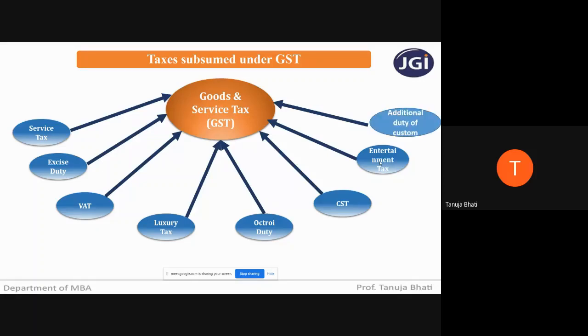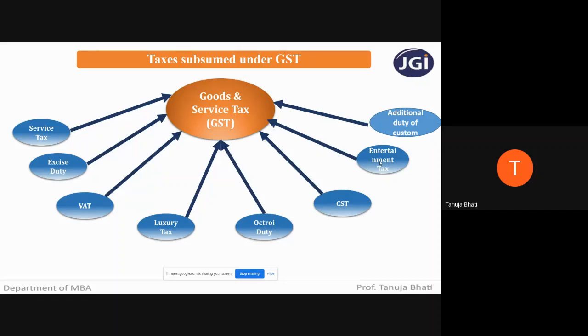Next is additional duty of customs. Students, this is very important: under customs duty, there are different types of duties that are charged: basic custom duty, additional custom duty, countervailing custom duty, safeguarding custom duty. Out of all the customs duties, there is only one that has been replaced by GST, and that is additional duty of customs.